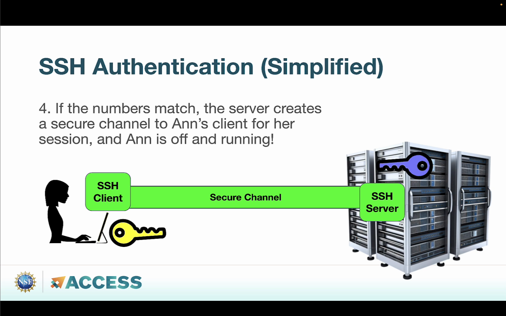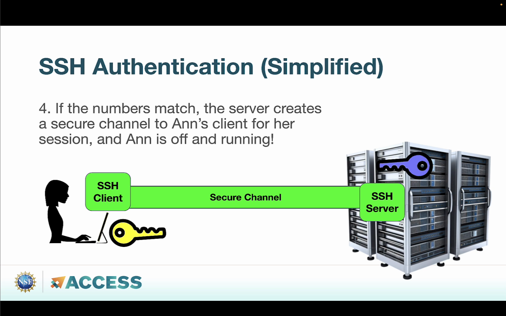I should mention that all Anne does is tell her SSH client the name of the remote server to which she wishes to connect. The rest of this activity happens behind the scene, invisibly to Anne. I should also mention that to keep this simple, I've glossed over lots of details.